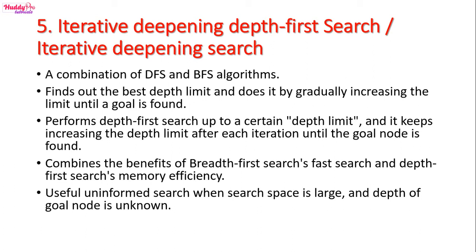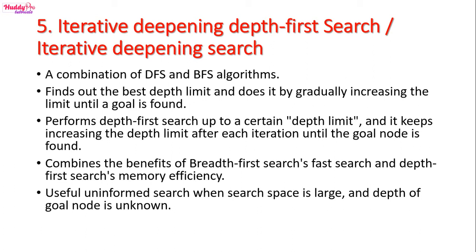This search algorithm finds out the best depth limit and does it by gradually increasing the limit until a goal is found. Because it uses the depth first search algorithm and the breadth first search algorithm, it will combine the benefits of the two.